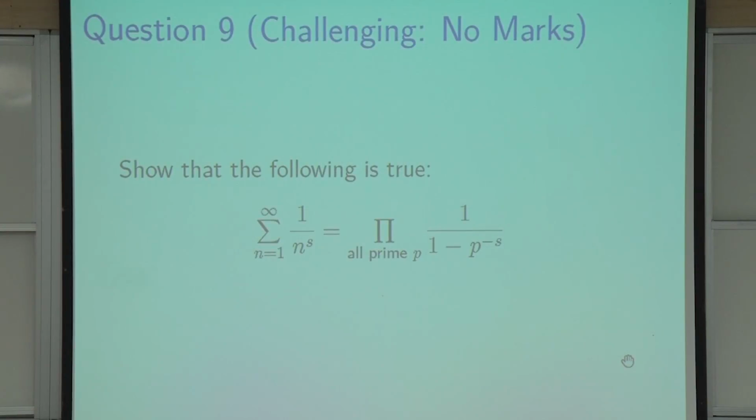And for the final one, surely the following equation is true. Here we have the sum over n equal to 1 to infinity of 1 over n to the power s, equal to the product over all prime numbers p of 1 over 1 minus p to the power negative s.